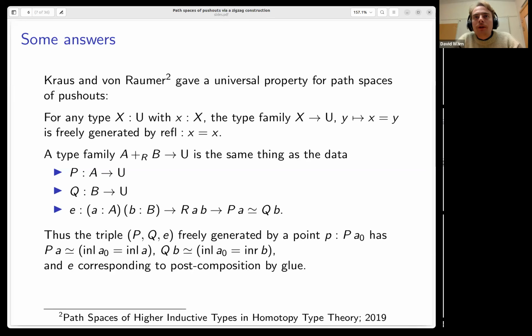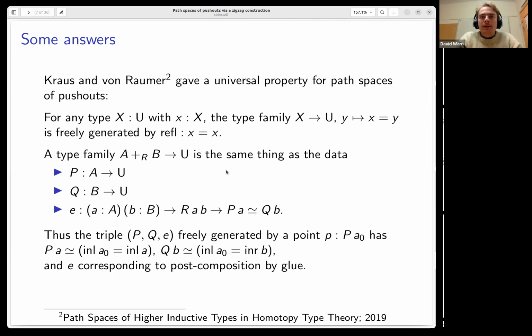Okay, so if we combine these two observations, essentially what we get is that the triple P, Q, E as above, which is freely generated by a point above a0, there's a unique such thing, and it is the identity types with inl of a0.